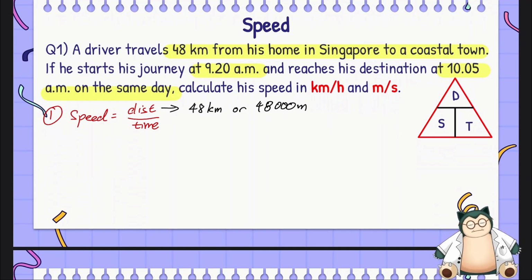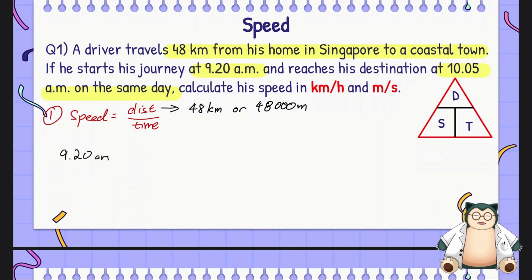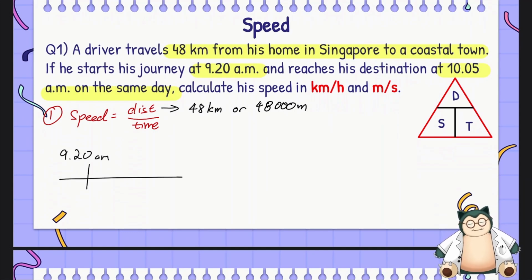Okay, next thing, for the time. The time we know it starts from 9:20 a.m. and then goes to 10:05. So let's do it by number line. Let's start with 9:20.